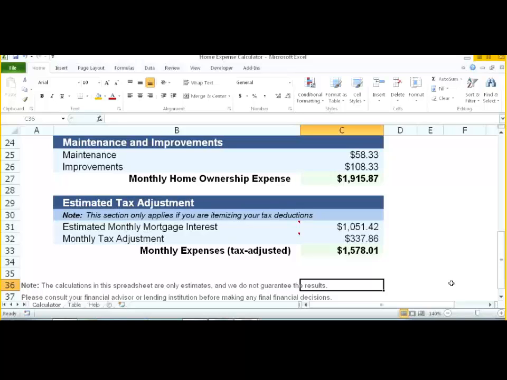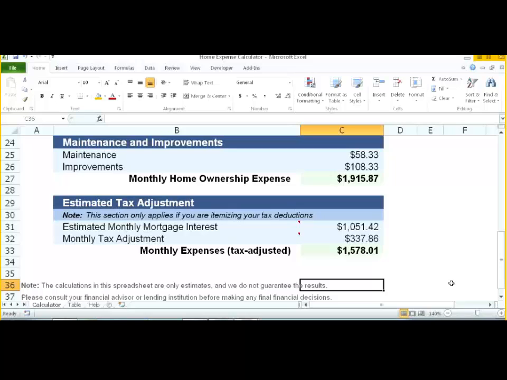This is kind of like the average interest for the entire loan. Early on you get a little bit more, and later on you get less than this, but this would be the average amount. If you take this number multiplied by 25%, which is your tax rate, you would save $337.86 a month on taxes. So you take this number and subtract that number, and you get back to $1,578. So that's the net cost of owning a home.